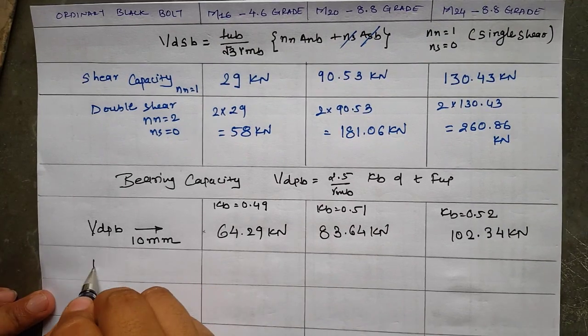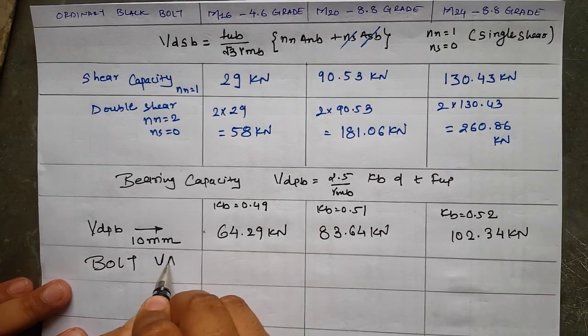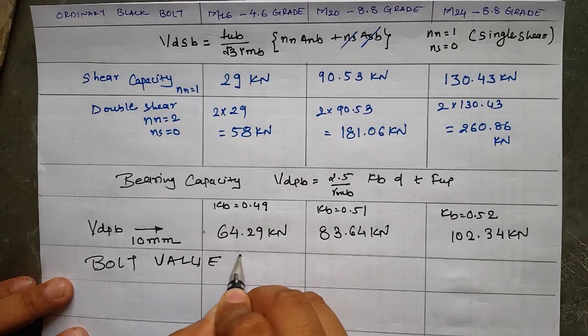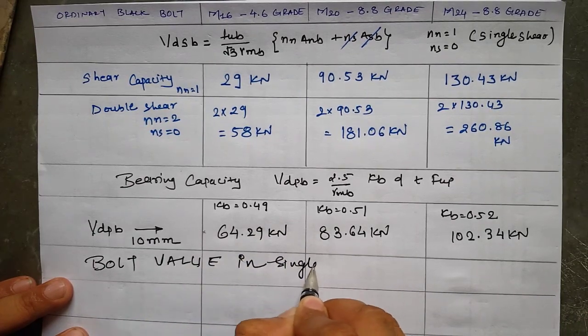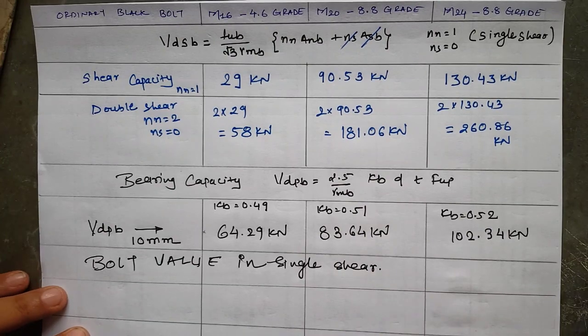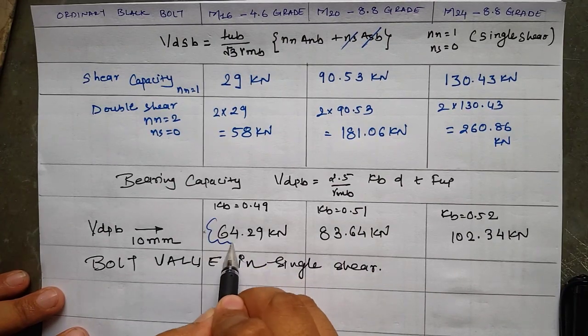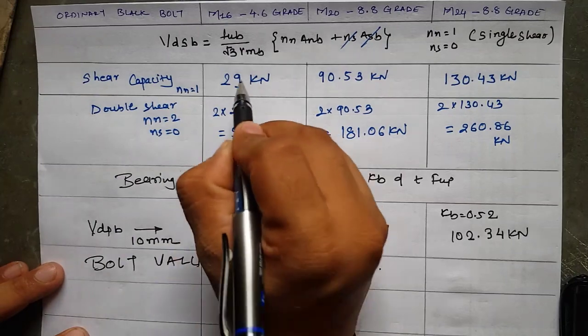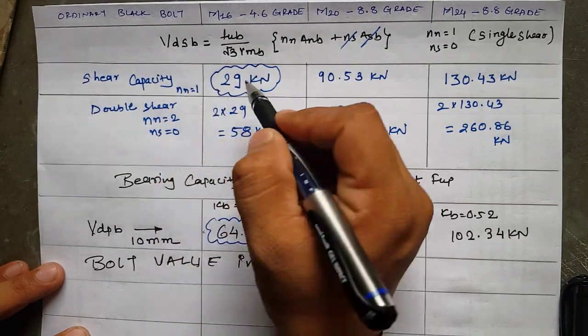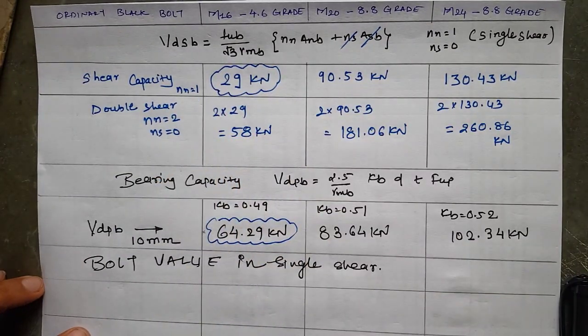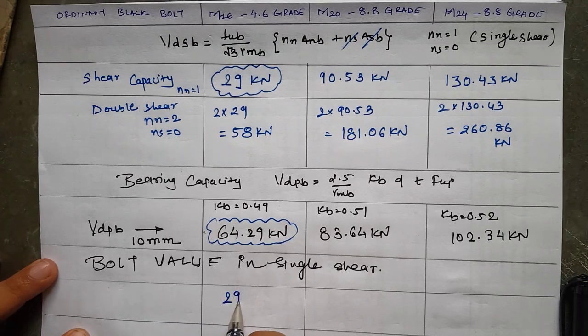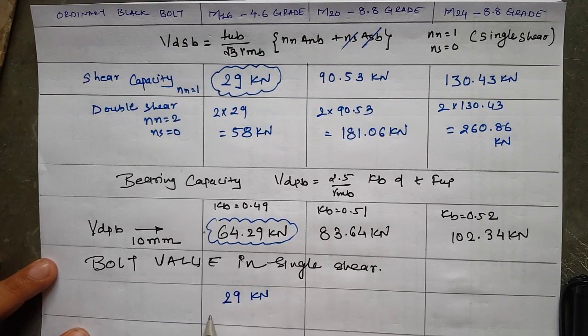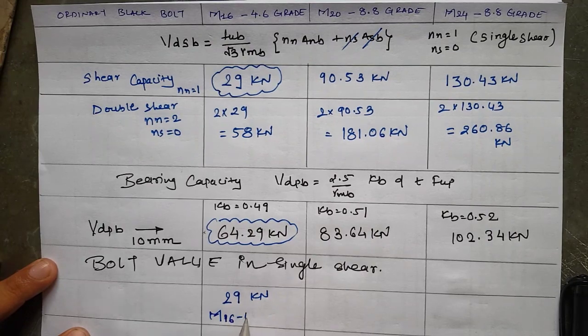Now see, if we require the bolt value in single shear, we have to focus on two values: one is 64.29 as well as the single shear value, and we know that the bolt value is the minimum of VdSb and VdPb. So for single shear, our value for M16 4.6 grade bolt is 29.